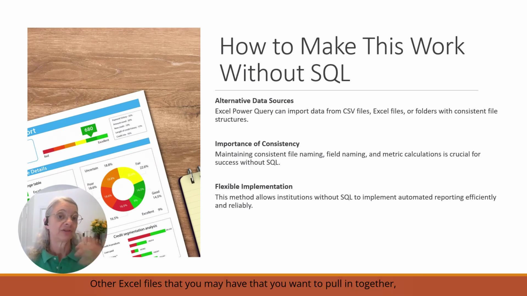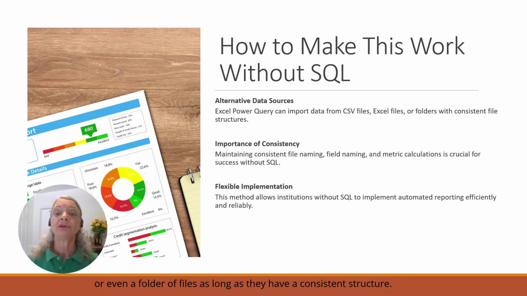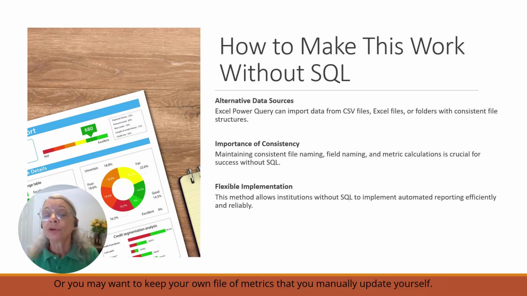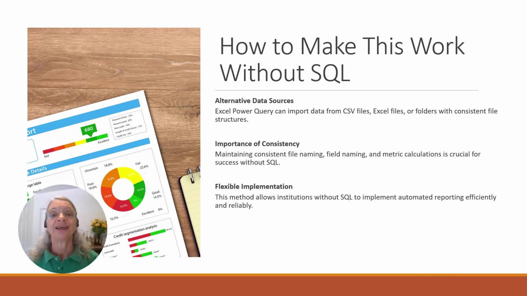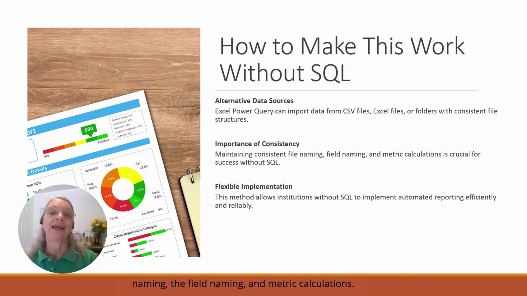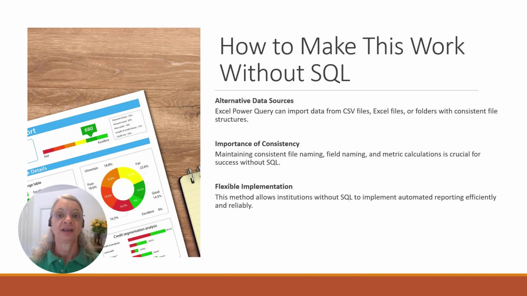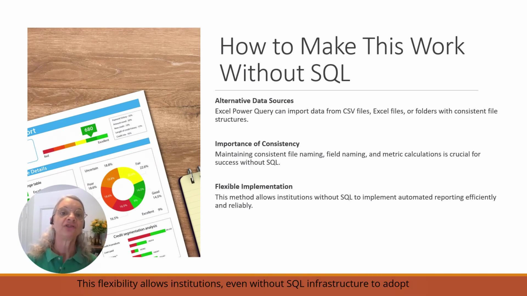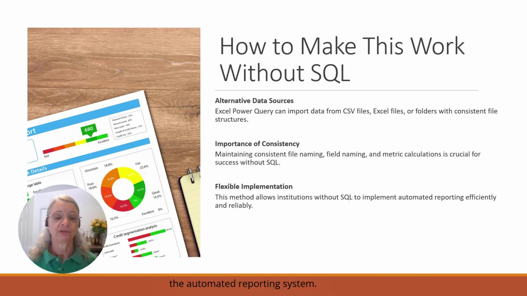Other Excel files that you may have that you want to pull in together, or even a folder of files as long as they have a consistent structure. Or you may want to keep your own file of metrics that you manually update yourself. The key to successful implementation is maintaining consistency in the file naming, the field naming, and metric calculations. This flexibility allows institutions, even without SQL infrastructure, to adopt the automated reporting system.